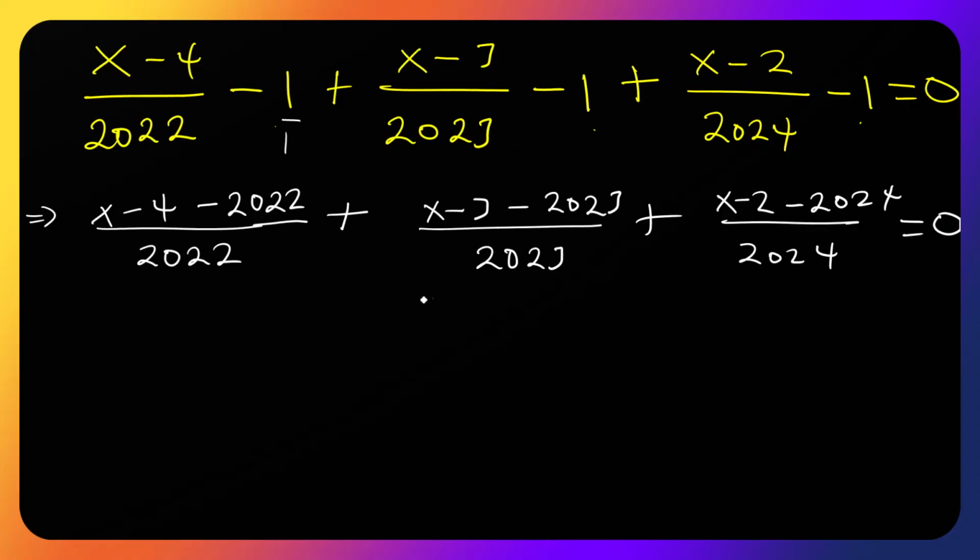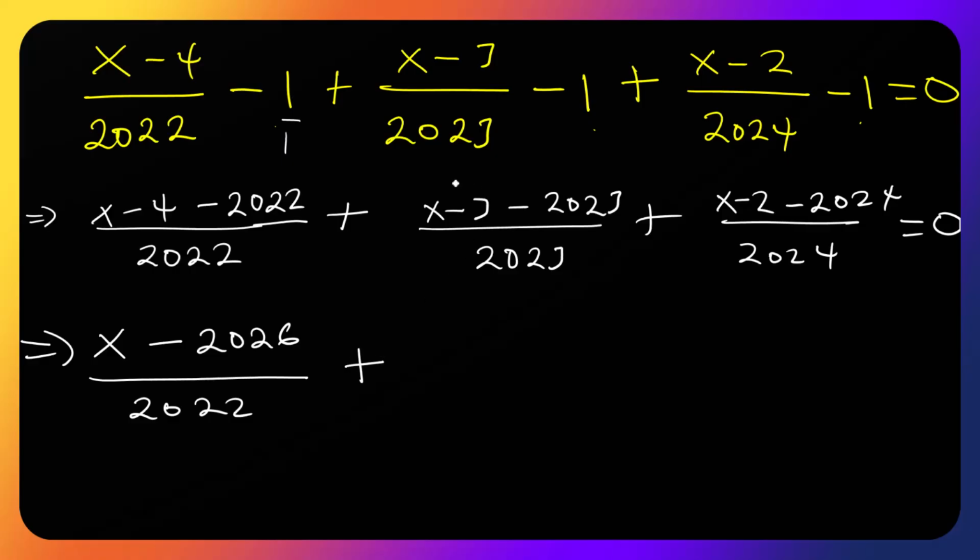Okay, now from here the numerator will be x, so minus 4 minus 2022 will be minus 2026, on 2022.